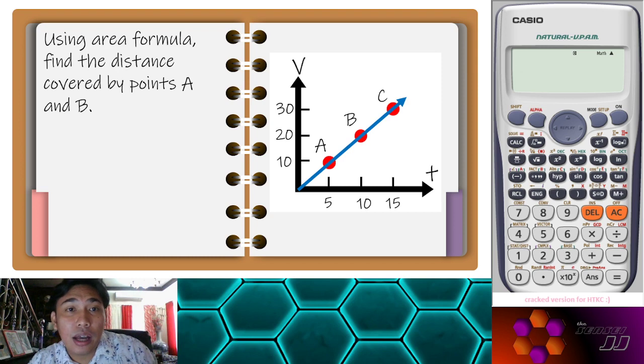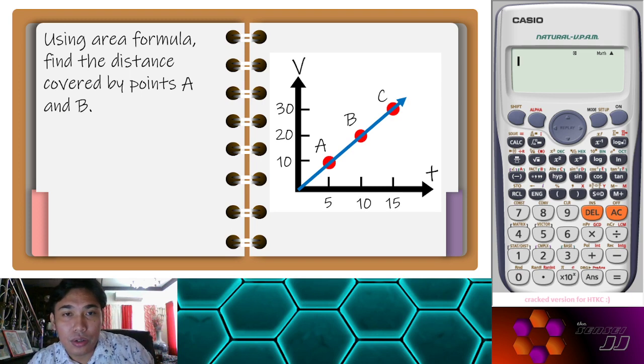By using the area formula, we get the distance covered by points A and B in our velocity versus time graph. So we use the point slope form in our velocity versus time graph, and we also use the area formula for our velocity versus time graph.